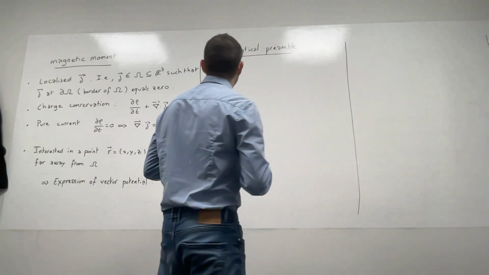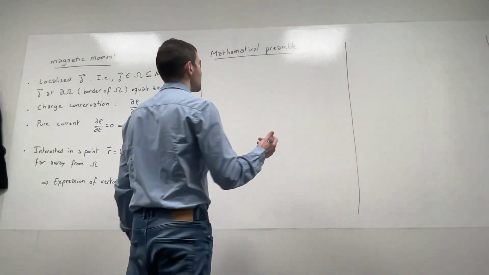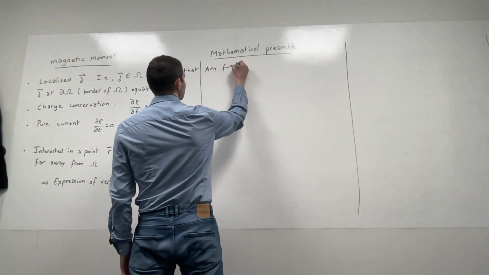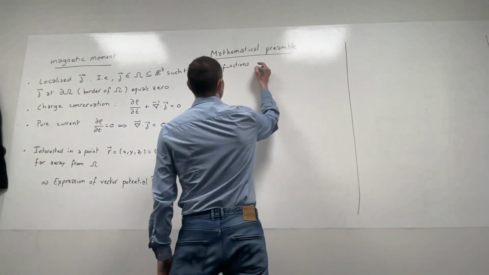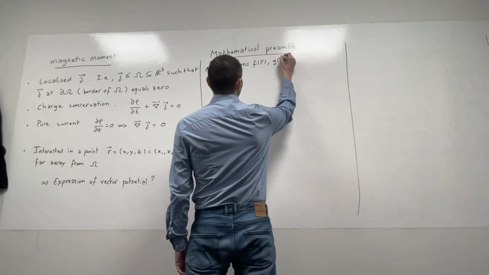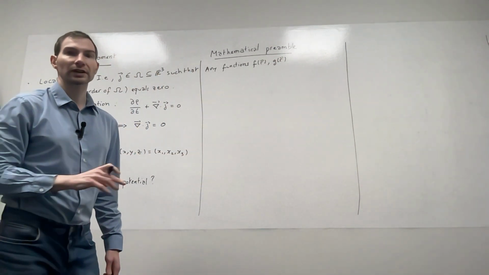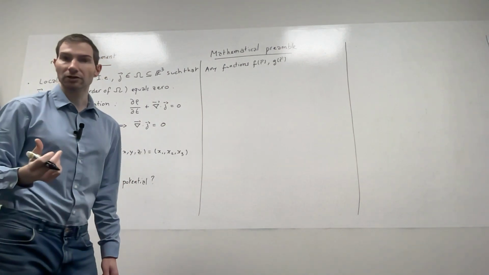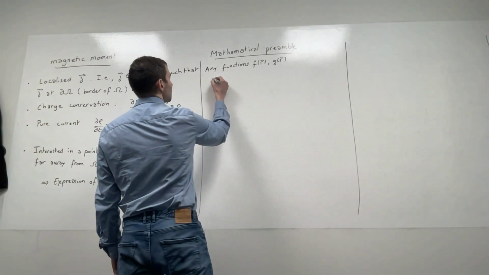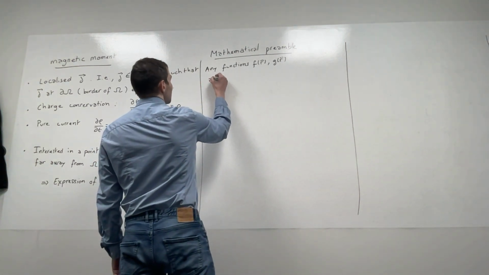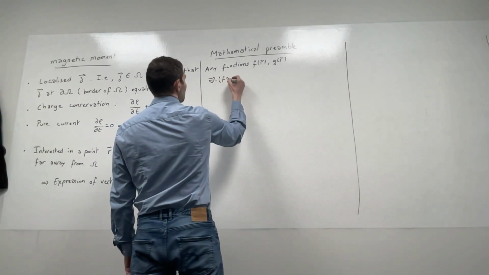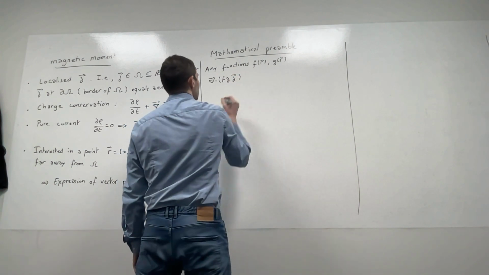Okay, so first of all, we are going to start by saying that if we have any two functions, f of r and g of r, then what we can say is that we can look at the divergence of f times g times j.